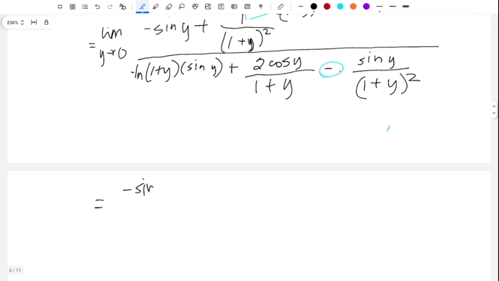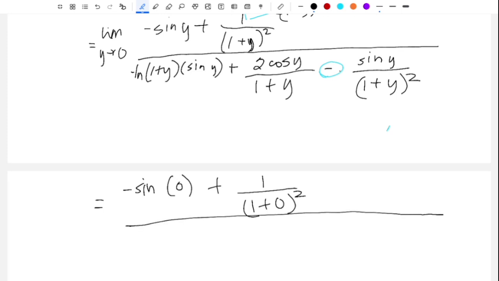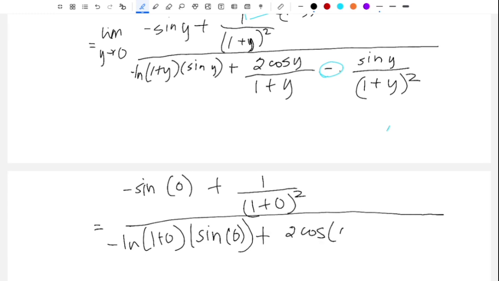Negative sine 0 plus 1 over 1 plus 0 squared. Then negative ln 1 plus 0 sine 0 plus 2 cosine 0 over 1 plus 0 minus sine 0 over 1 plus 0 squared.